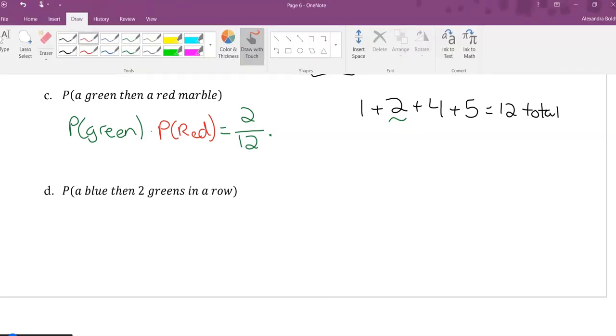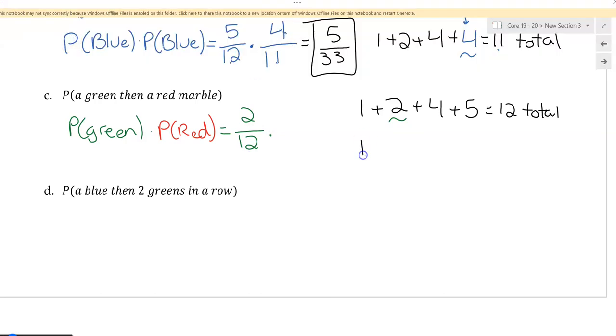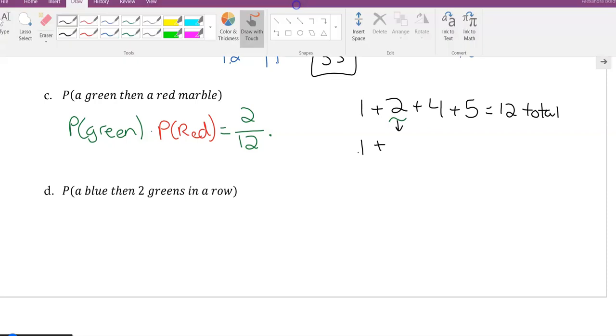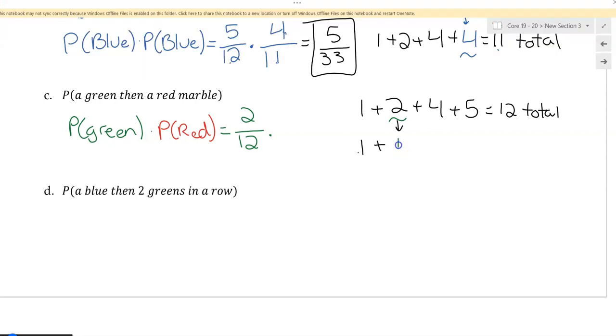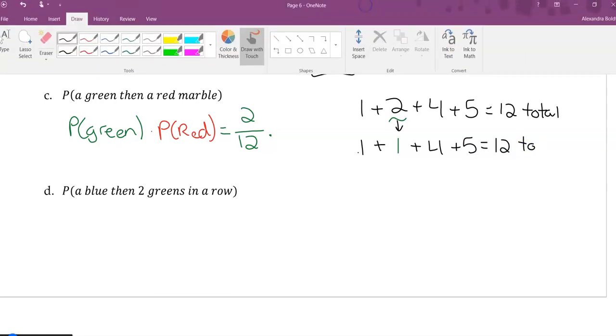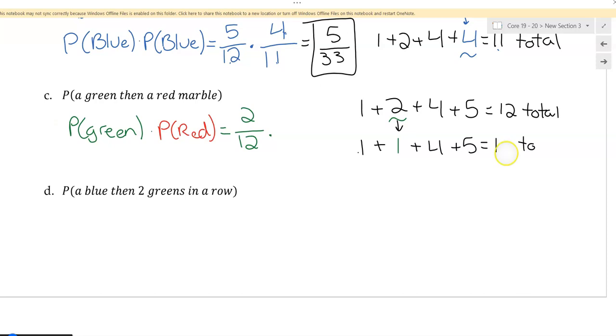Now, since I've taken that marble, I have 1 yellow. Now, I've changed this. I've taken a green. There's only 1 green. Does not equal 12 total, equals 11 total. Okay.